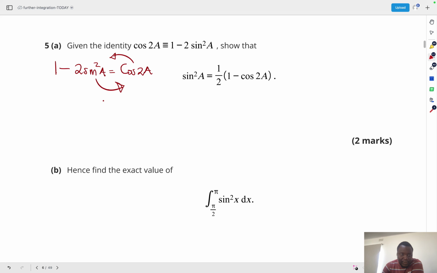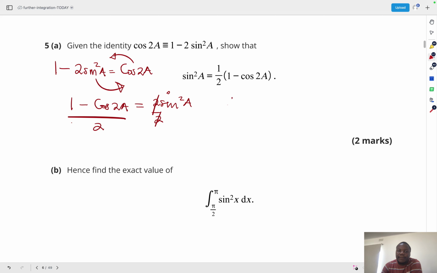So I'm going to have 1 minus cos 2a equals 2 sine squared a. I just want to make sine squared the subject, so I'll divide by 2 here and divide by 2 here, which gives me sine squared a.